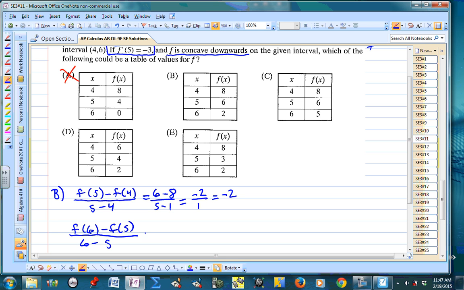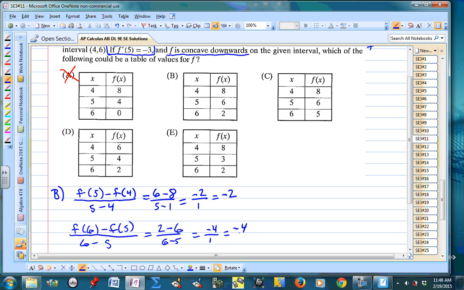F of b minus f of a all over b minus a. So 2 minus 6 over 6 minus 5, which is negative 4 over 1, or negative 4. So you can see that the average rate of change of f is approximately negative 2 before x equals 5 and approximately negative 4 after x equals 5. So what's happening at x equals 5 could be that the average rate of change is about negative 3.